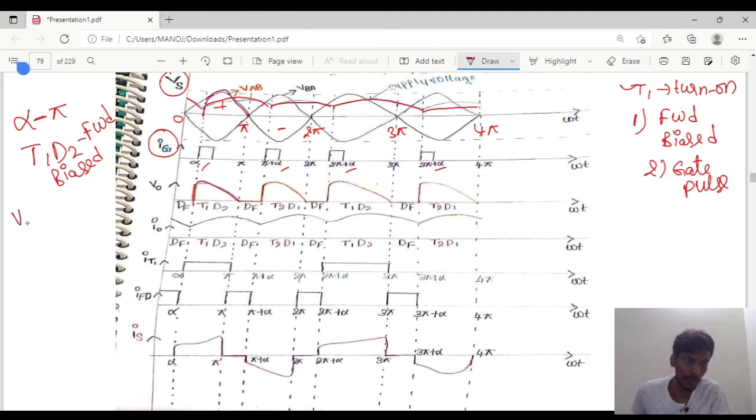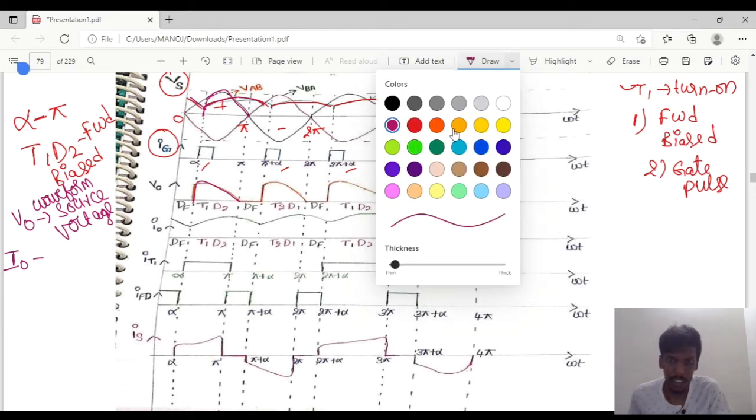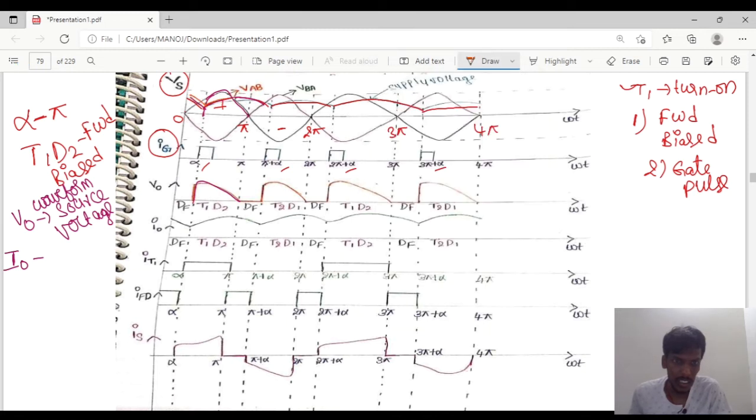So the waveform V0 will be similar to the source voltage, and for this cycle the current I0 also follows. This is the I0 waveform, represented with this orange color.